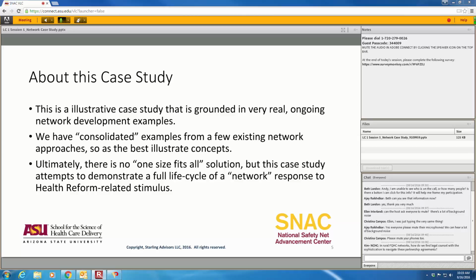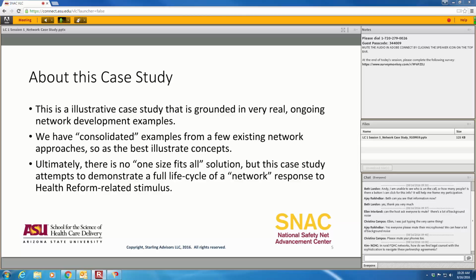This is a very real case study, although we've taken the liberty of introducing a couple of nuances from across a few examples of very real networks operating today. And I think it's important to understand that we made some decisions to highlight certain environmental factors. Your environmental factors might be different, and that might require a slightly different solution.